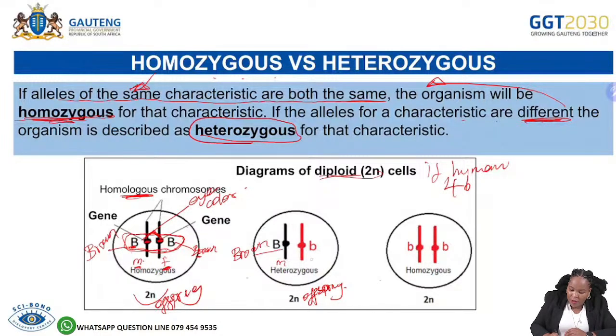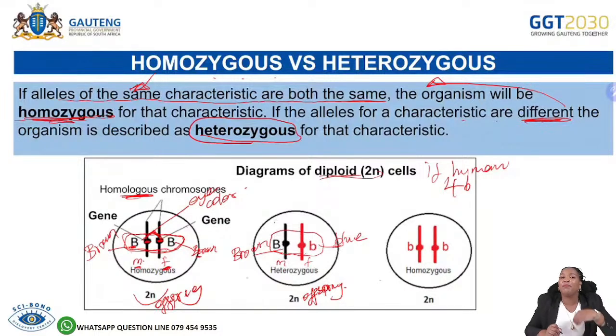And then from the father, this offspring has inherited the blue allele for eye color. There's a big letter B because we said brown is dominant, meaning brown is visible. So B, big letter B, small letter b.